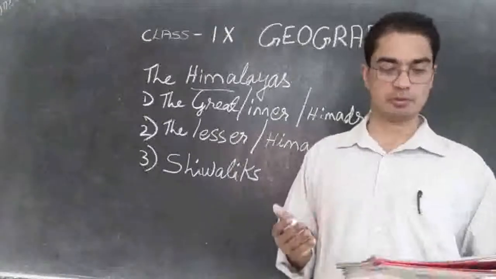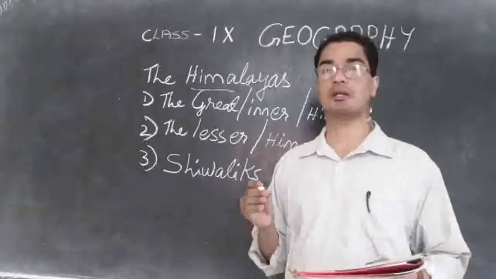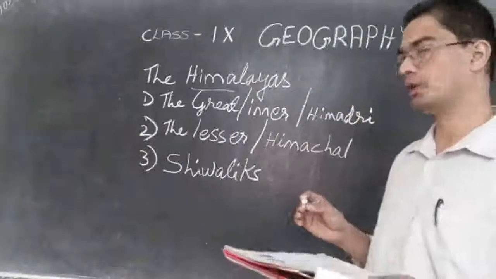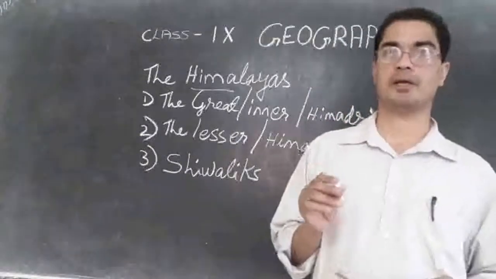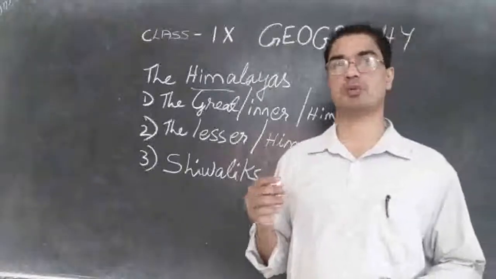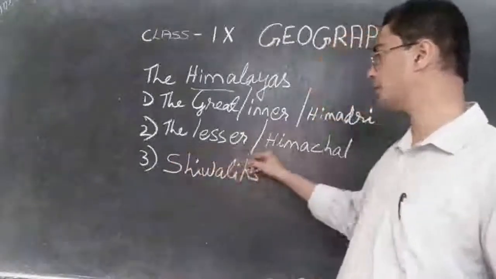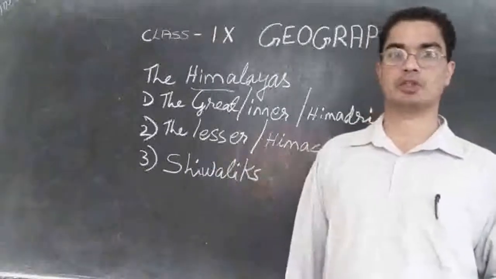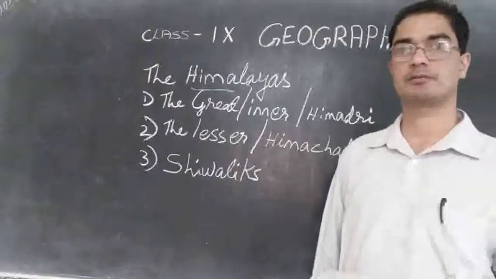Then the second most important one is the Dauladhar range, and the third important range is the Mahabharat range. These are the three most important ranges that you will find in the Lesser Himalaya. That is the second range or the middle range.